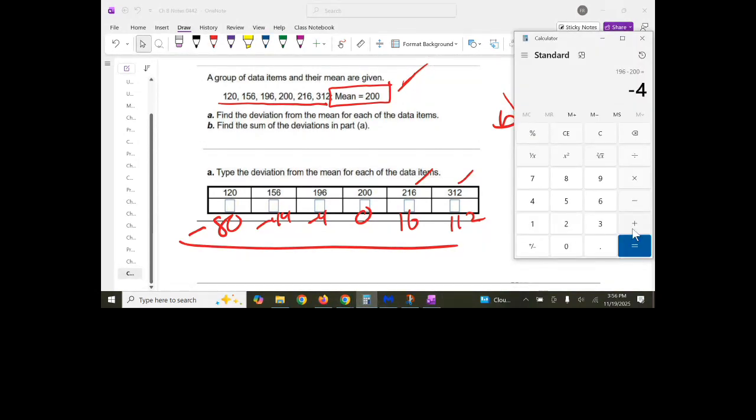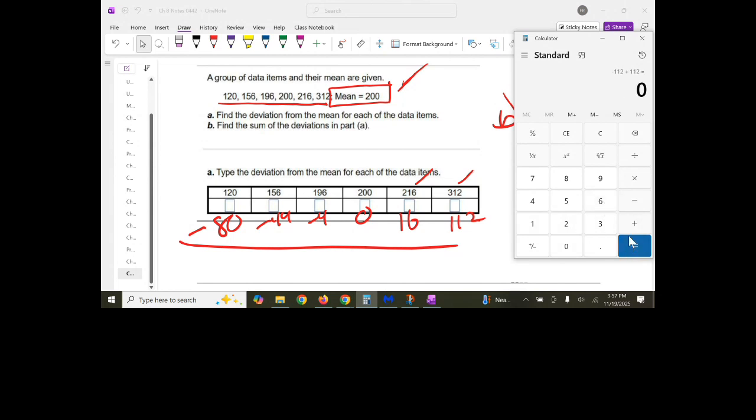So we have 80, but it's negative, plus 44, but it's negative, plus 4, but it's negative, plus 0, plus 16, plus 112.